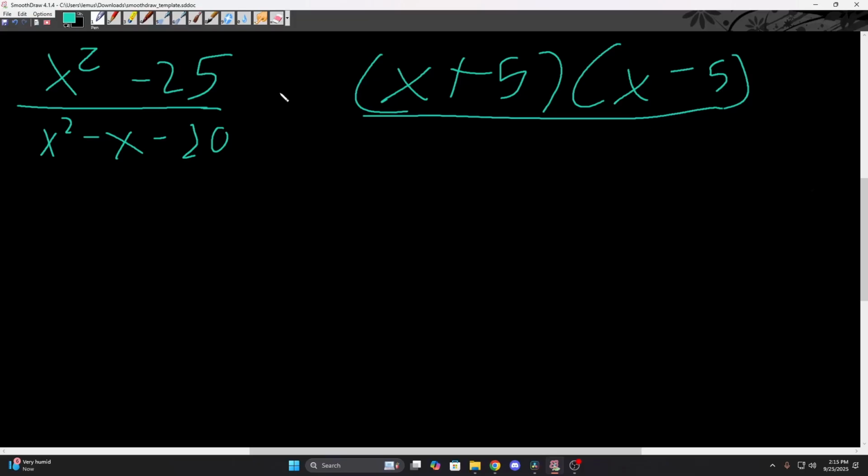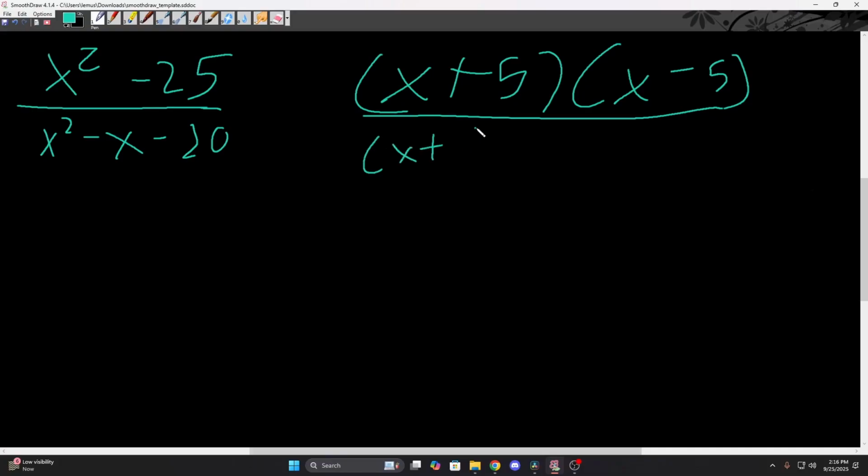Then the square root of 25 is plus or minus 5, because 5 squared is 25 and negative 5 squared is 25. So you do plus 5 then minus 5. The easier way to think of this is, x squared, x, and then there's a negative, so that means plus or minus. And then you just do the square root, that's x plus 5 and x minus 5. Now for the bottom one, you use the AC method.